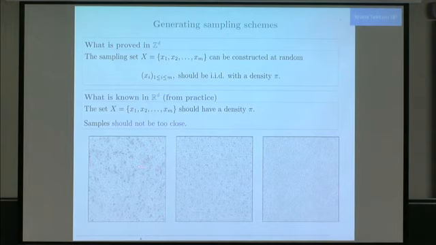So, for instance, here we did a uniform random drawing. This is a point process, and you see that you have clusters, and typically this sampling set will be much worse than this one. What you see here are the Voronoi cells, which basically should all have roughly the same volume for a sampling scheme to be good, and you really observe that from a practical point of view.